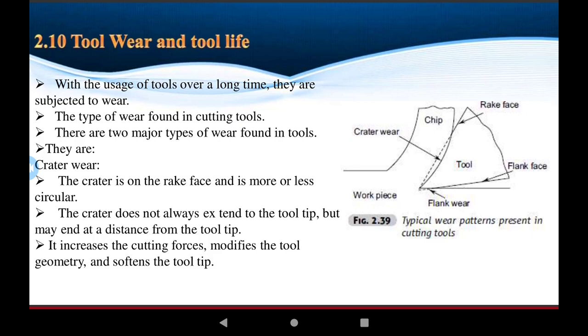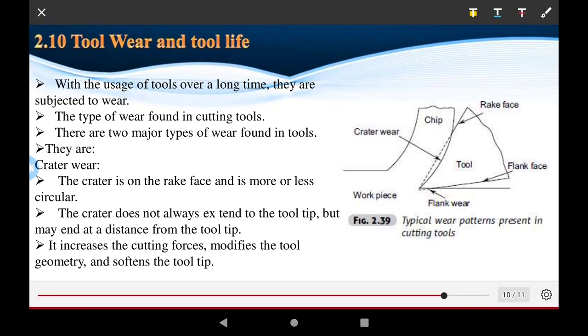crater wear and flank wear. In this figure, this is the workpiece, and this is the interface of the tool and workpiece, which is the flank wear. This is the flank face of the tool, and this is the interface of the chip.